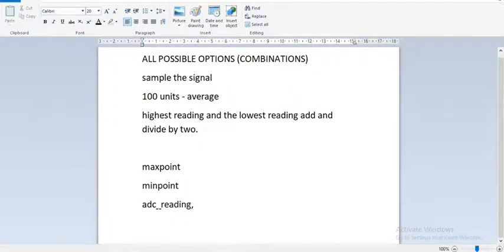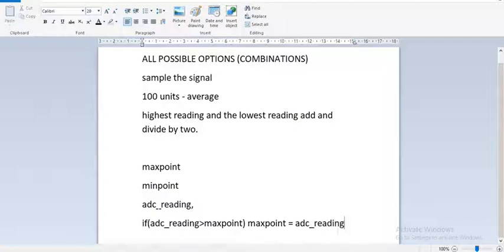So you have a function like, I'm writing a C program: if open bracket ADC reading is greater than max point, max point equals ADC reading.